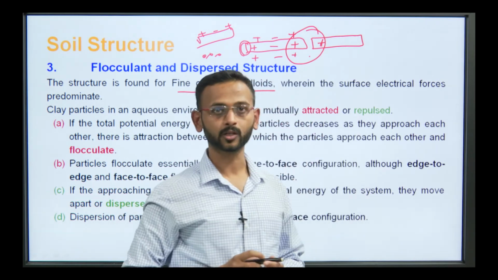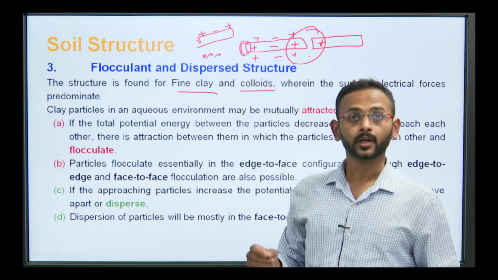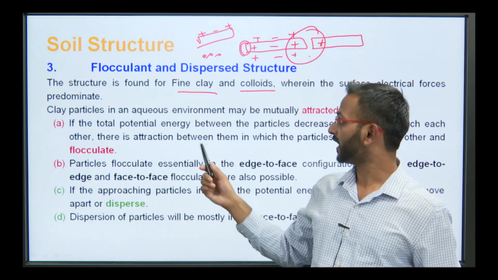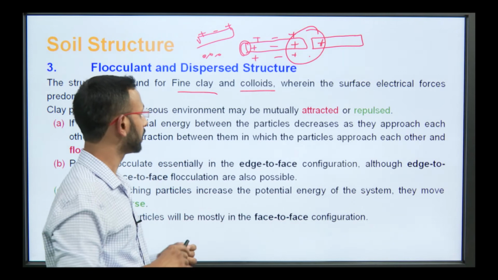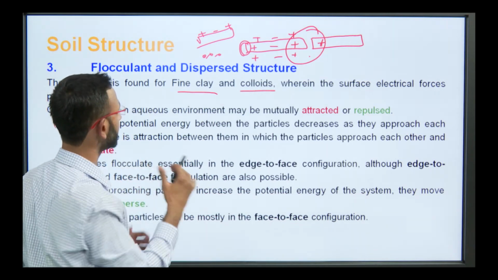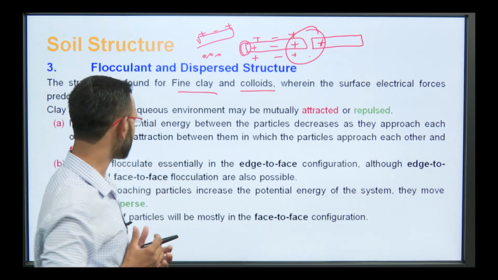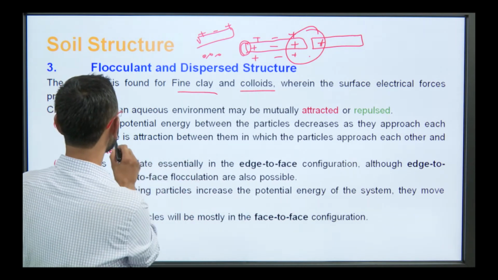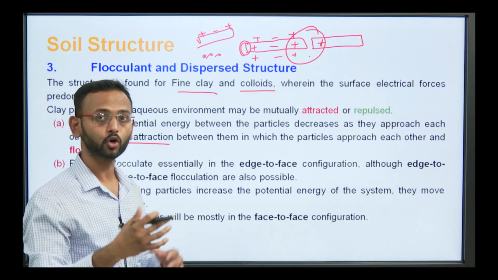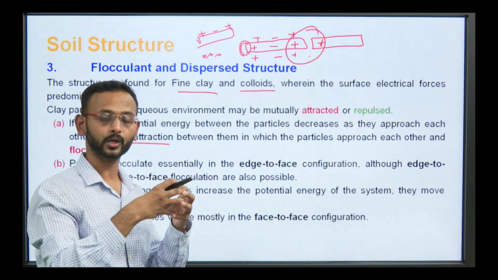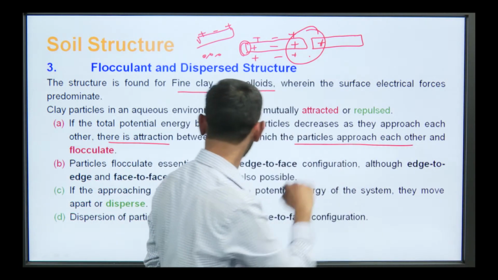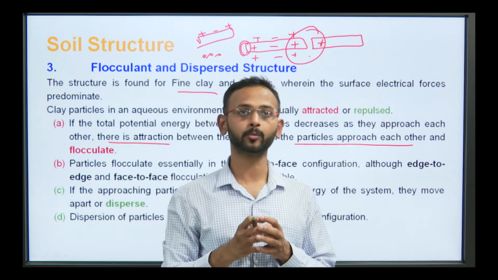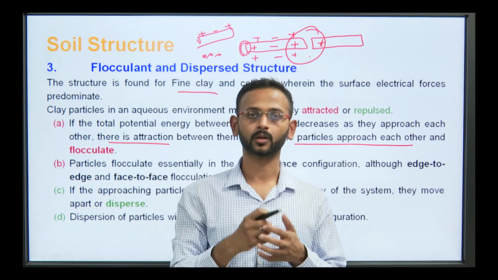So, understand here, if the total potential energy between the particles decreases as they approach each other, so if the energy is lesser, there is an attraction between them. They will come towards each other. So, here the particles approach each other and they flocculate. Flocculate means they are coming together in flocks.